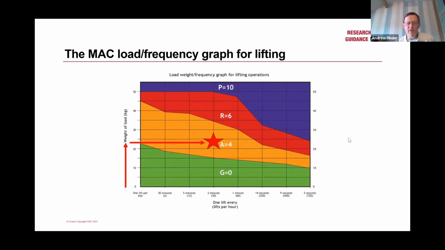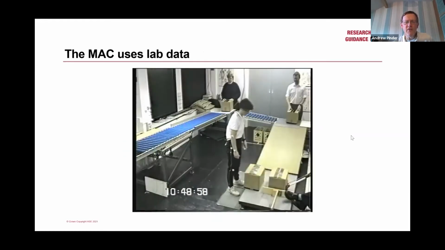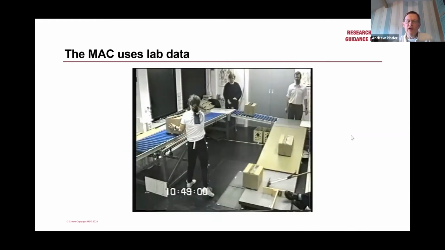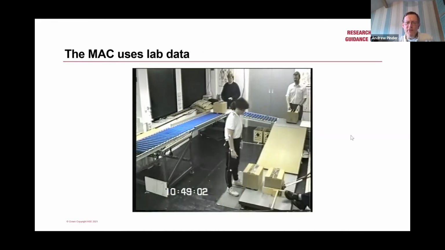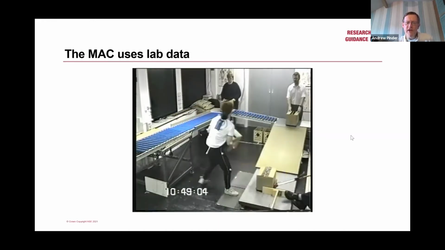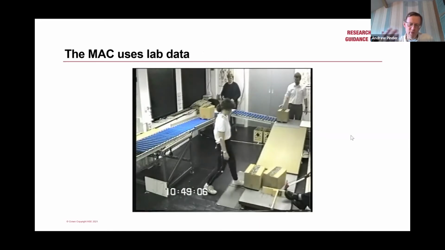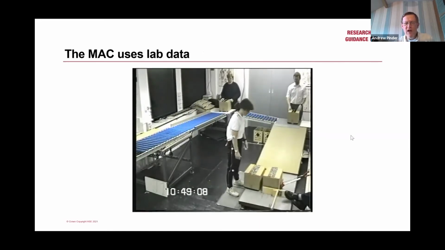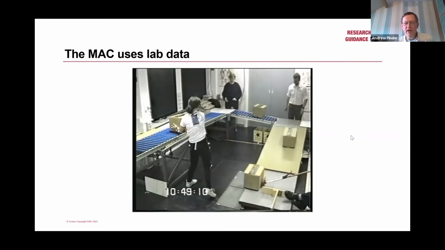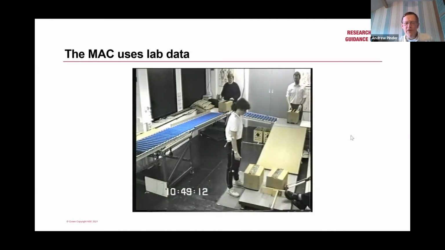I'll finish the assessment for the other factors, and then I'll start thinking about what I can do about reducing risk. That's great, so long as the thing is real. Sorry, but it's using data for fixed frequencies from a laboratory or multiple laboratories. This is an experiment we did a number of years ago now.